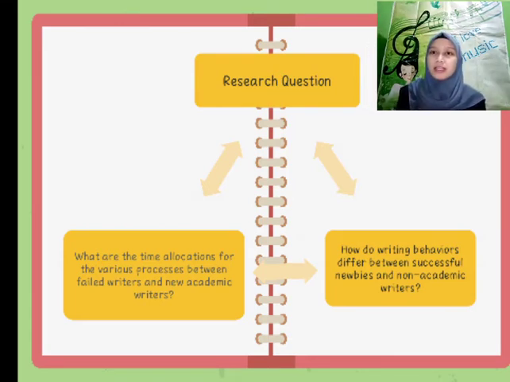And the second one is how do writing behaviors differ between successful newbies and non-academic writers. For the analysis of writing behaviors, the researchers can generate a verbal description or translation, vocalization, determining the details and content of all observed activities.